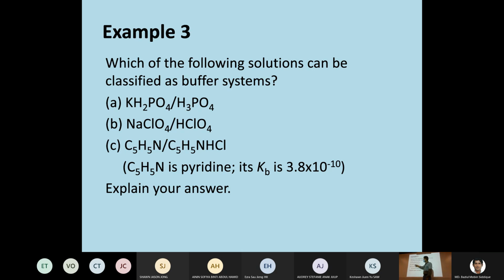B is sodium chlorate and perchloric acid, and C is pyridine and pyridine hydrogen chloride. All right. So there are three possible arrangements or pairs. Which of them will be a buffer and which of them will not?